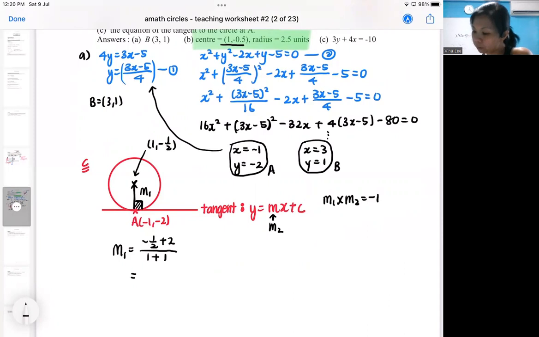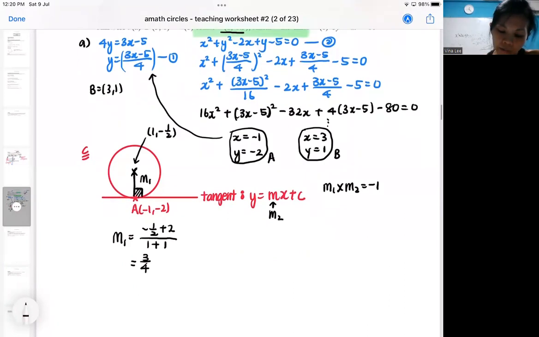So when you're doing the formula, please be careful. So this one is 3/4. So being perpendicular, my M2 will be the gradient of the tangent. So M1 times M2 will be -1. So do it very systematically.